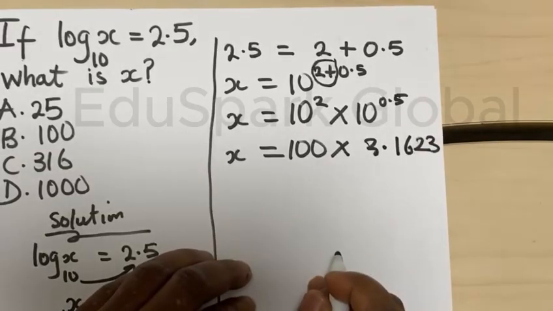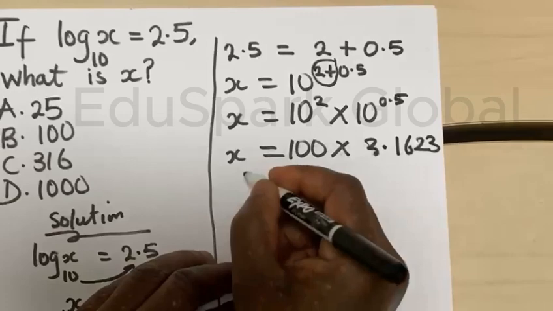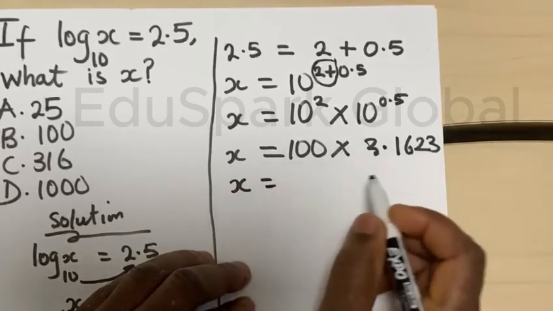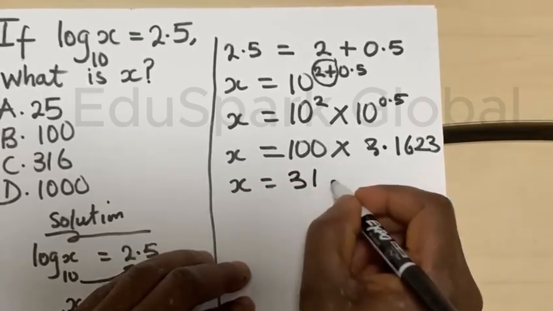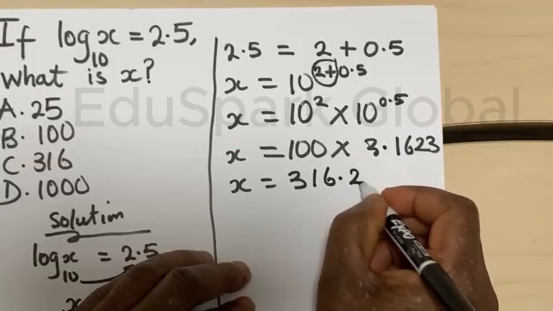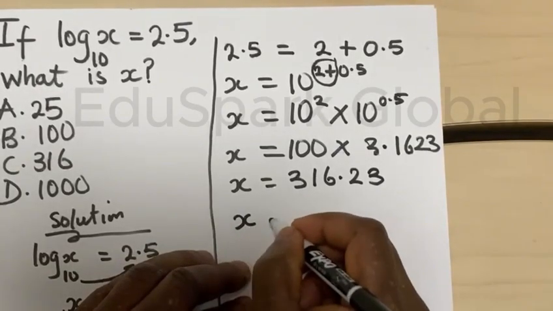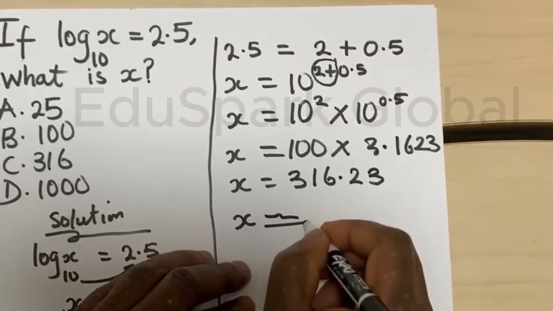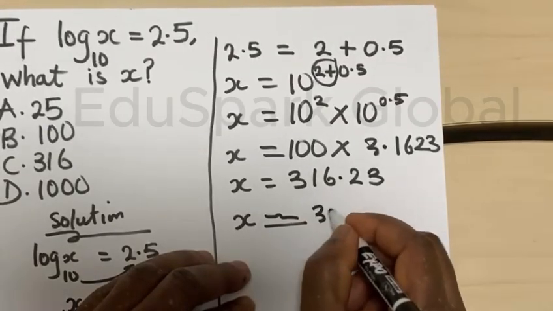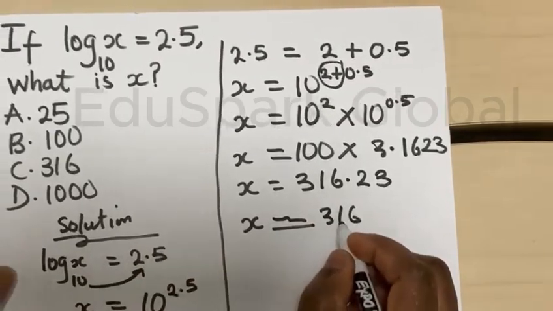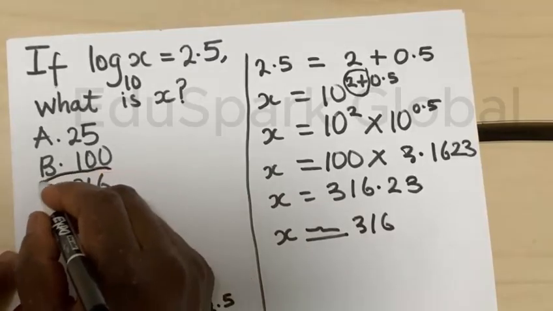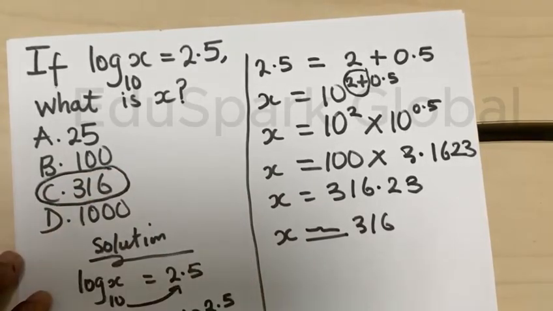Then we multiply, then we have x equals 316.23. So that means that x is approximately 316. So option C is the correct option.